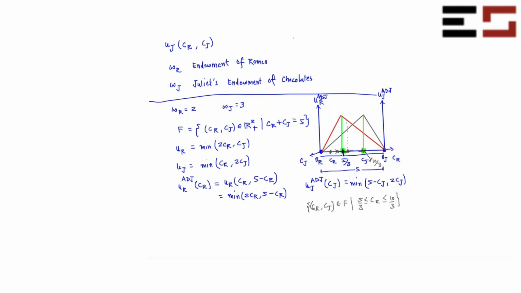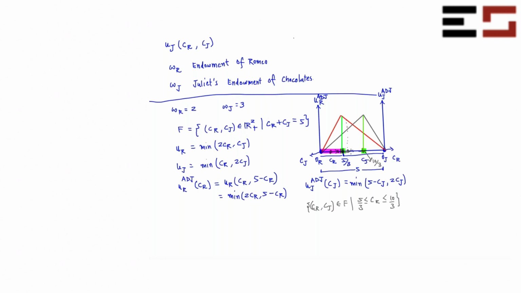Any point to the left of 5/3 would mean that Romeo is consuming a little too less. He also likes chocolate. It's not that he doesn't like it at all. It's just that we have a perfect complement situation, where he would always want Juliet to consume twice more than himself.